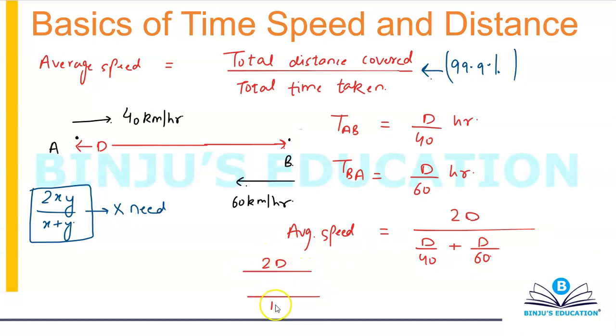You can take 120 as your LCM and you're gonna have 5d in the denominator. You can cancel d and d. This 120 is gonna go up. So that is 240 by 5, which will simply be equal to 48 km per hour.